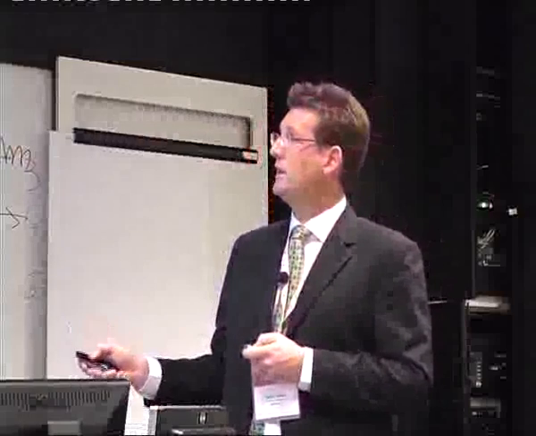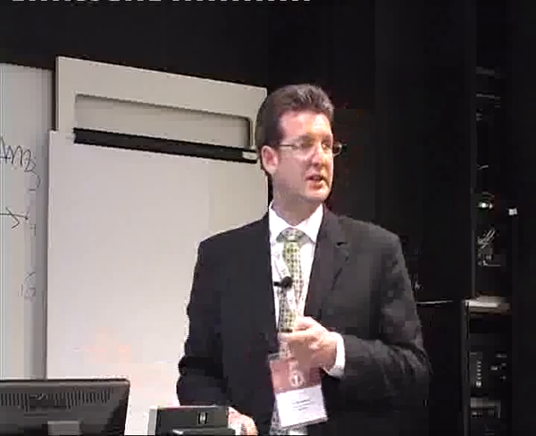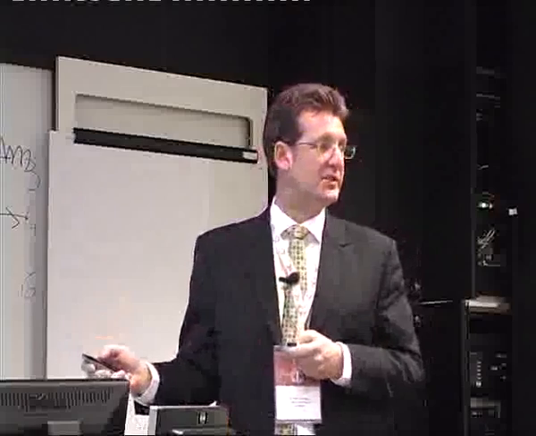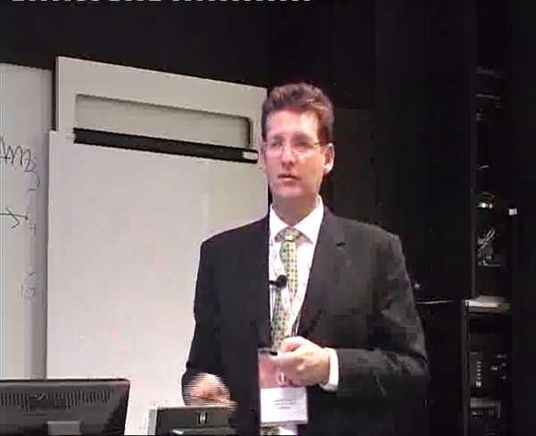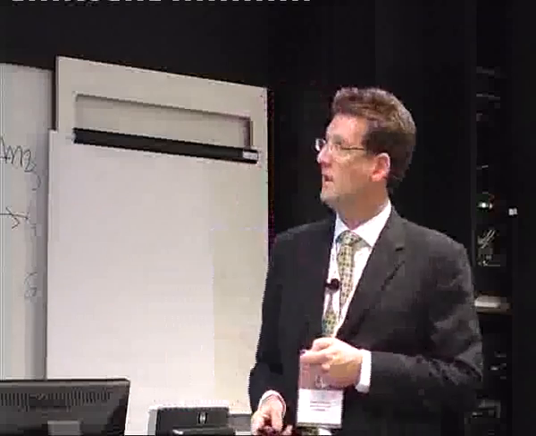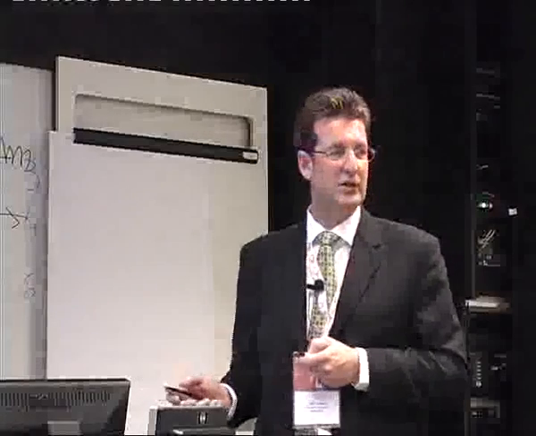The update from filtering density to prediction density, which as you recall is just a simulation, I can assign one core, which I'm symbolically representing here in purple, per particle and get a linear speed up with the number of processors that I can assign to this. The sampling step, there's a little bit of a hitch. You might have noticed that I squibbed things a little bit where I just had a proportional to here.